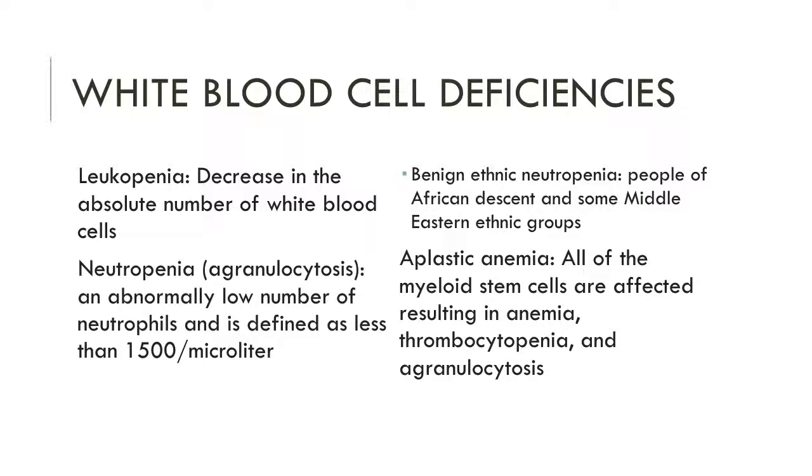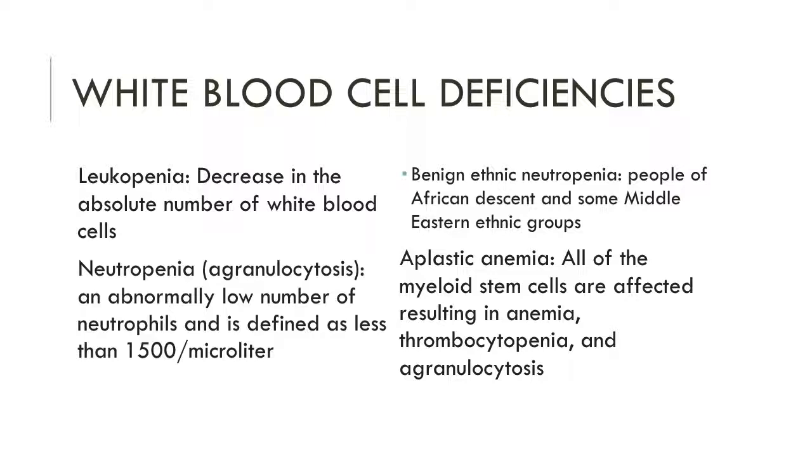So, like always, we've got some vocabulary to learn. Leukopenia is defined as a decrease in the absolute number of white blood cells. Neutropenia, or agranulocytosis, is an abnormally low number of neutrophils, defined as less than 1,500 neutrophils per microliter.